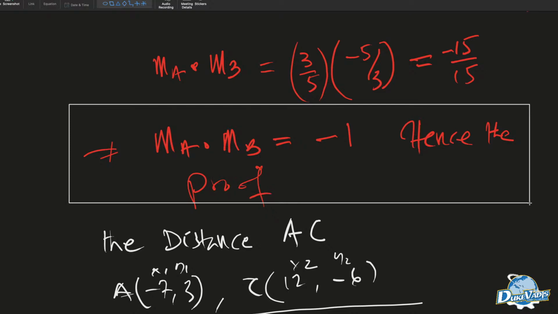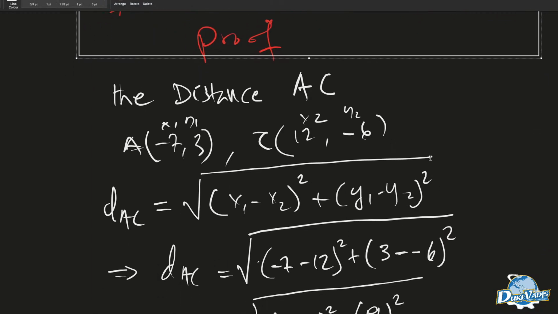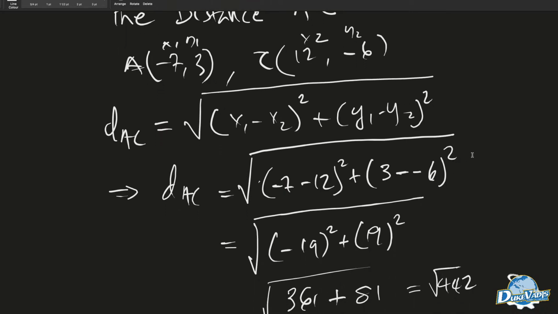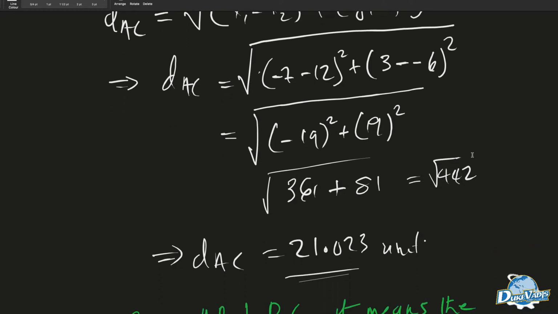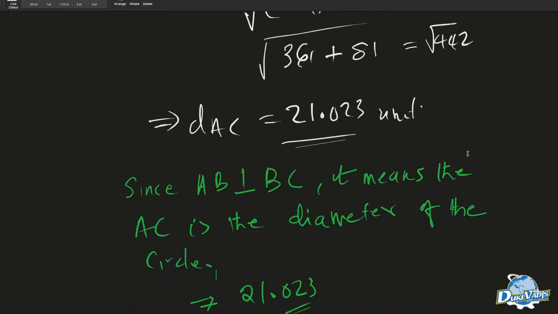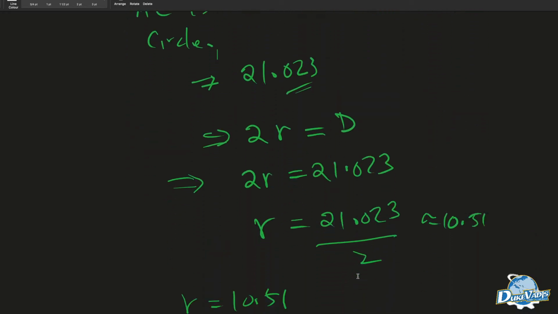After that, we calculated the distance AC using the coordinates of A and C and the usual distance formula. We substituted, subtracted, and squared, and we had this as the diameter. Since ABC is a right angle, AC is the diameter of the circle, so the distance AC divided by 2 gives us the radius.